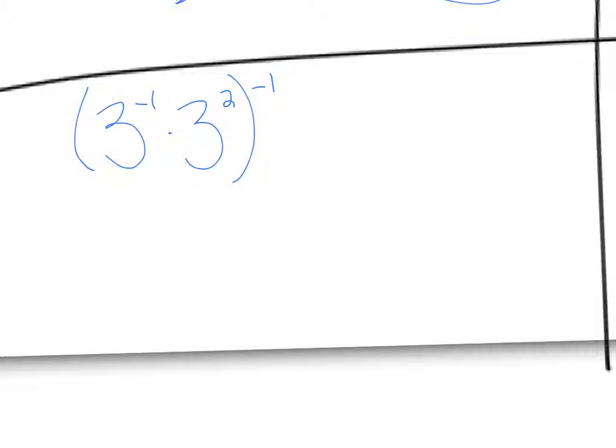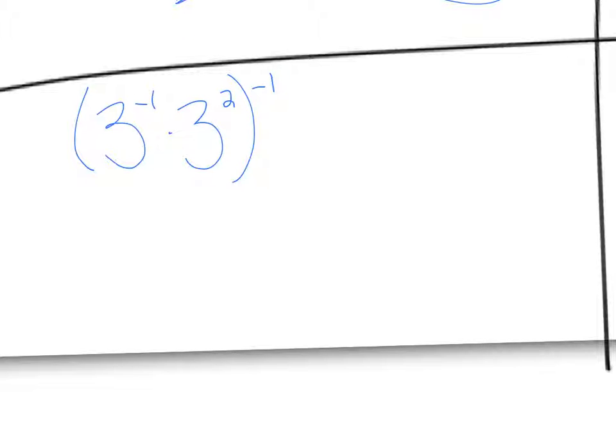If you notice that you have a power of a product, so I'm multiplying 2 things and raising it to a power, I could take each one of these things to the negative first power, but inside my set of parentheses, I'm multiplying powers. Do I have the same base? Yeah? Every class. So I'm multiplying powers with the same base. If you're multiplying powers with the same base, what do you do with their exponents?